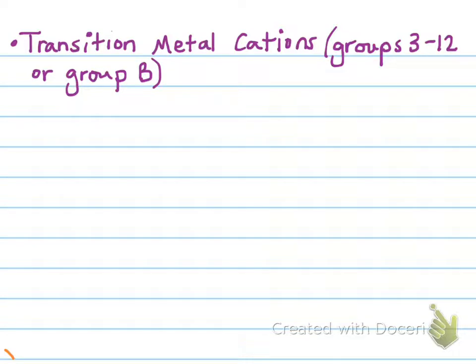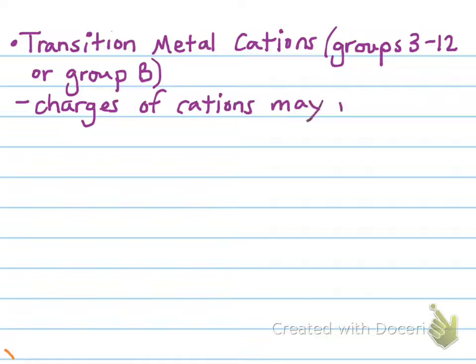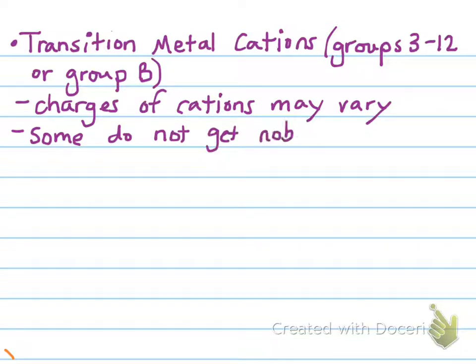For the transition metal cations, the charges of the cations may vary. And some of them do not get a noble gas electron configuration.